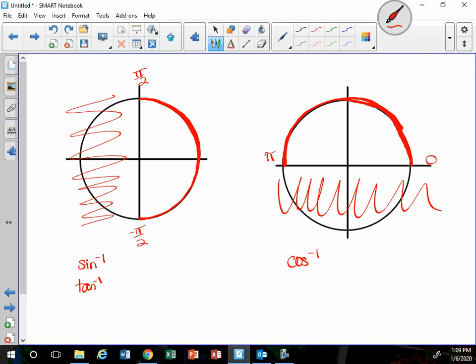We're not going to graph secant, cosecant, and cotangent, but we need to figure out which part of the circle they actually are connected to. So I'll give you a second to jot these down. We can't use quadrant 2 or 3. We can't use quadrant 3 or 4, okay? So find somewhere to put these.